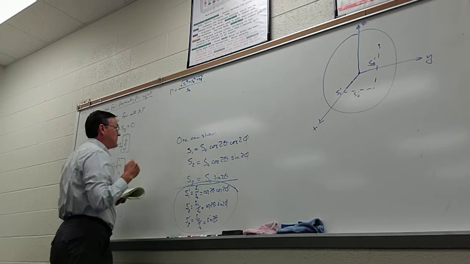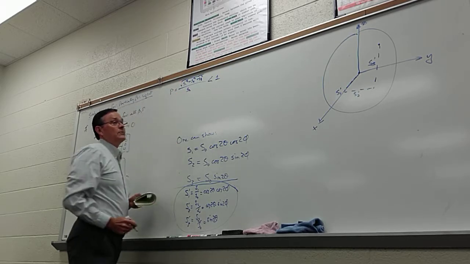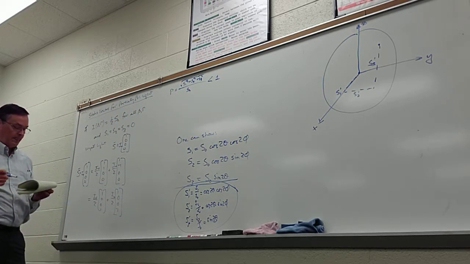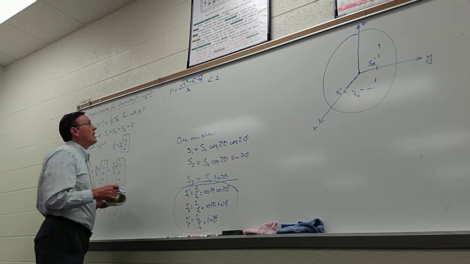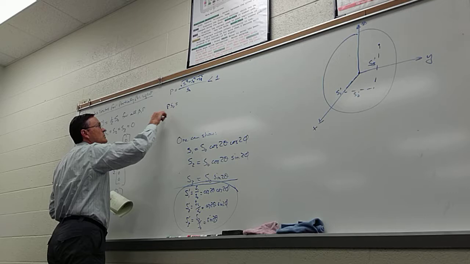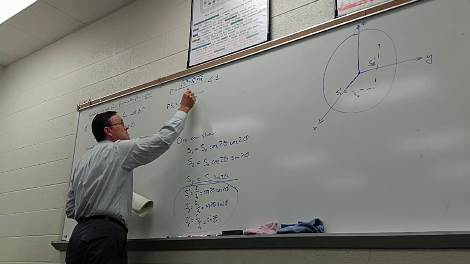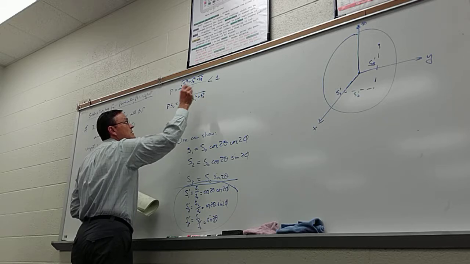And that's going to be less than 1 for partially polarized light. So I could bring this S0 over and multiply here, and then it's the square root of S1 squared plus S2 squared plus S3 squared. I'm just playing around with algebra, really.